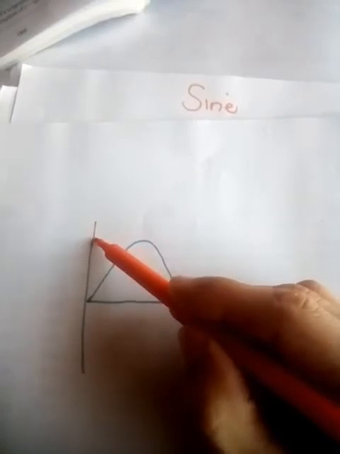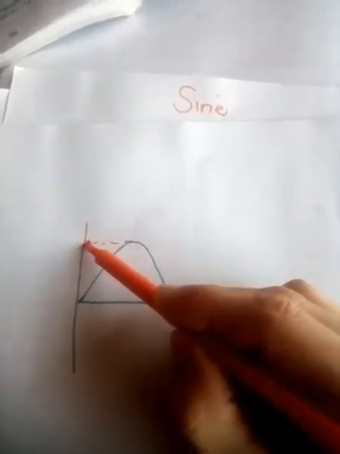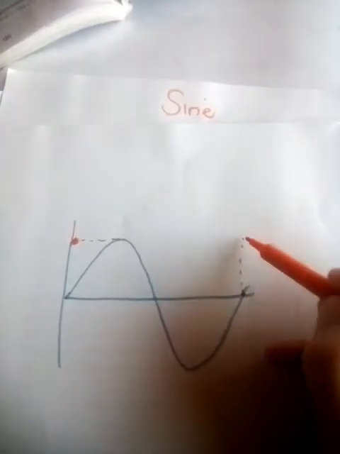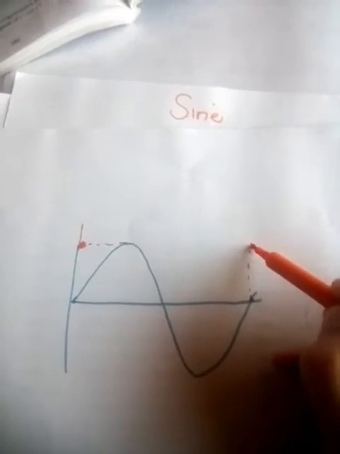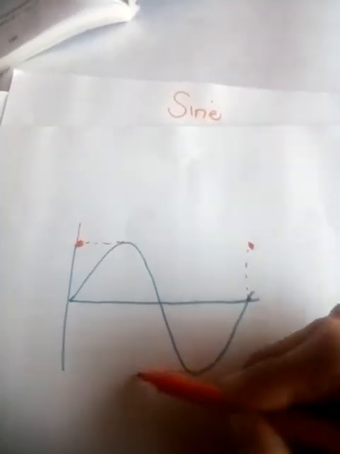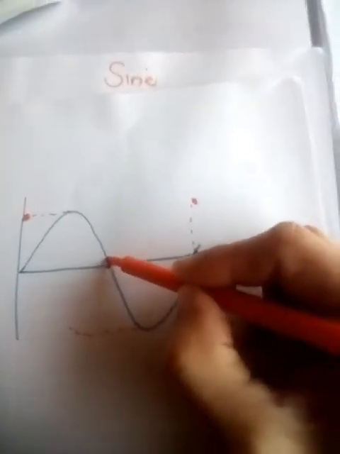Let's make that same point there, there, there. Let's make that there. Cosine graph, middle.